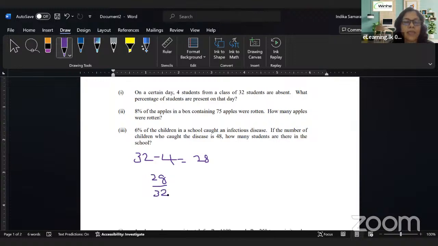You can write it as a fraction. 28 are present out of 32. Now you can find the percentage. What is the percentage? Both can divide by 4, and 7 over 8.